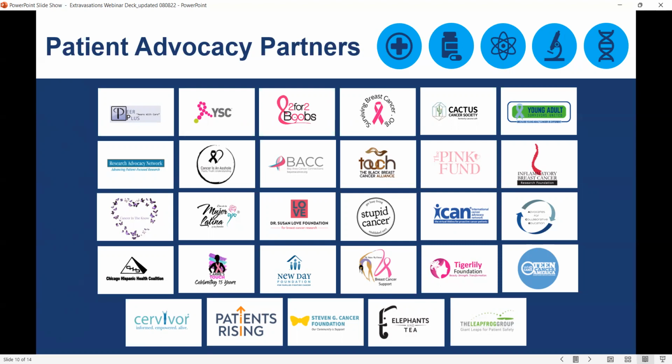And although we have mostly cancer organizations, we welcome any cardiology and neurology groups as well, because extravasations can affect anyone with any disease getting a nuclear medicine scan. Collectively, these 29 patient advocacies have been a force over the last year, trying to convince the NRC to correct their incorrect policy.